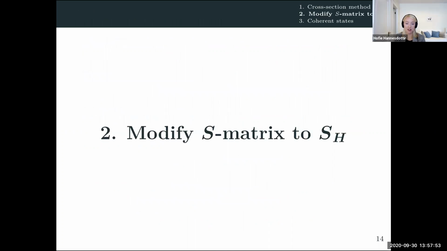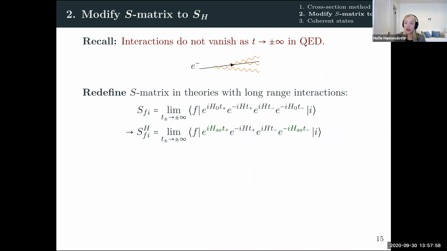Let's talk about the next method, which is to modify the S matrix to S_H. Recall that we talked about earlier that as time goes to plus and minus infinity in QED, interactions do not vanish and they don't turn off at some point. So it's natural in these theories to redefine what we mean by the S matrix, to not assume that our states evolve freely at asymptotic times, but rather assume that they evolve with some modified asymptotic Hamiltonian that takes these long-range interactions into account.